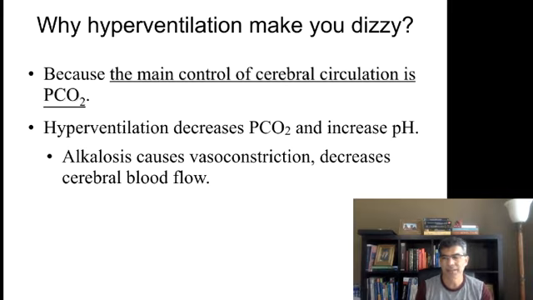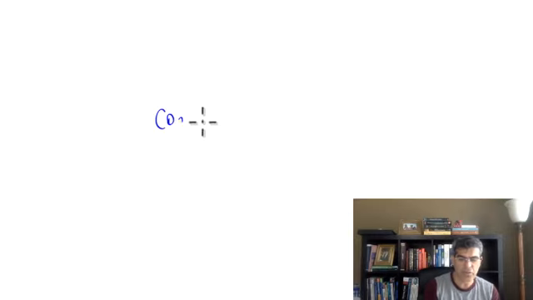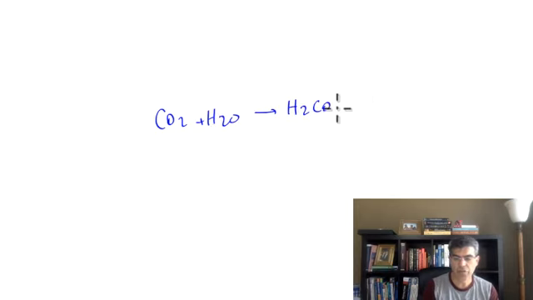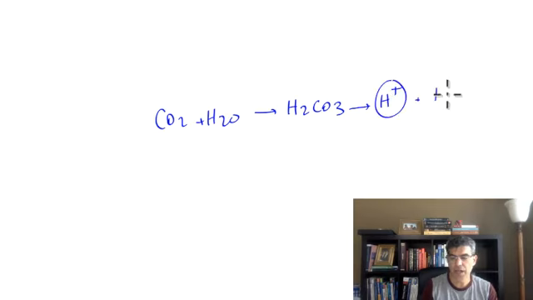But why is that? The simple answer is, when the CO2 goes down, that means your pH is going to go up. You remember that CO2 is going to join water. We mentioned this one. It's going to create H2CO3. H2CO3 is going to break down to H and HCO3. And this H is going to decrease your pH.